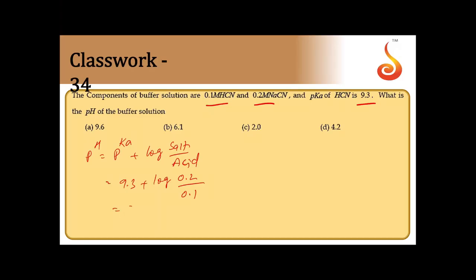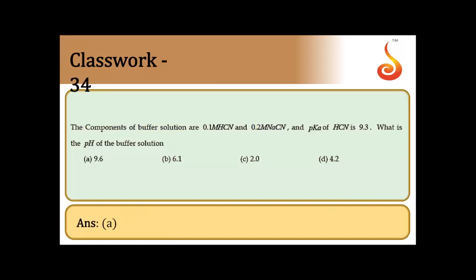So it comes out to be 2. So 9.3 plus log 2, which is 0.301. So answer comes to 9.6. So pH is 9.6. So option A is the answer, 9.6. Direct substitution we can do because all values are directly given to us.